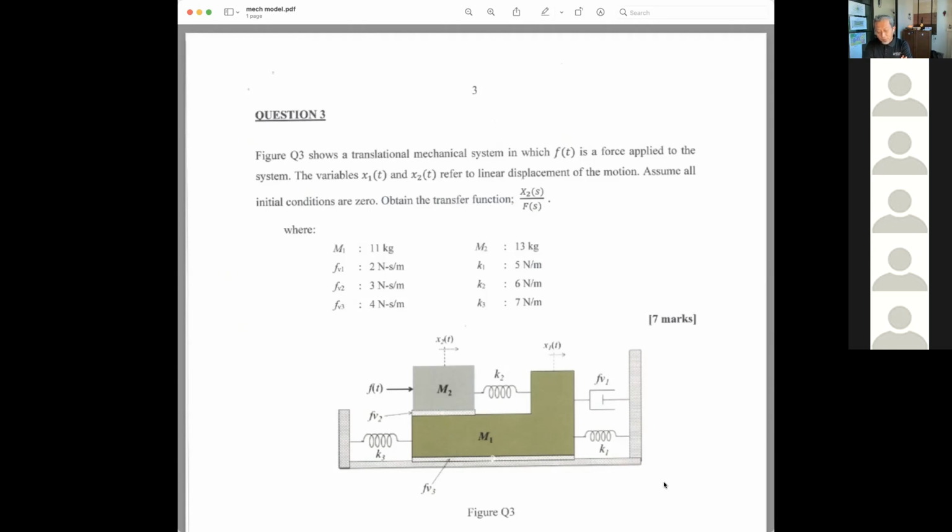Okay. So we begin with the mass M2. M2 first.